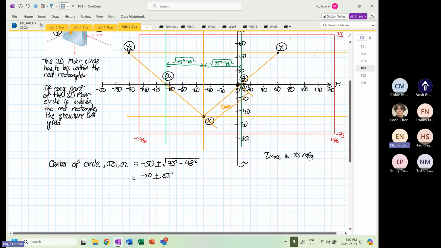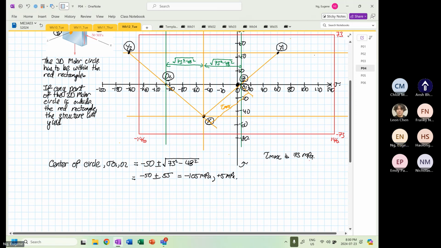This can be equal to minus 105 megapascal, or it can be positive 5 megapascal.